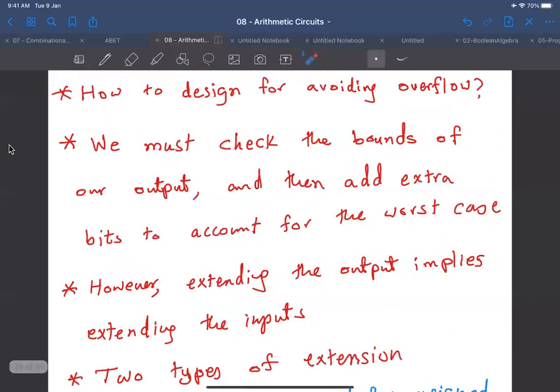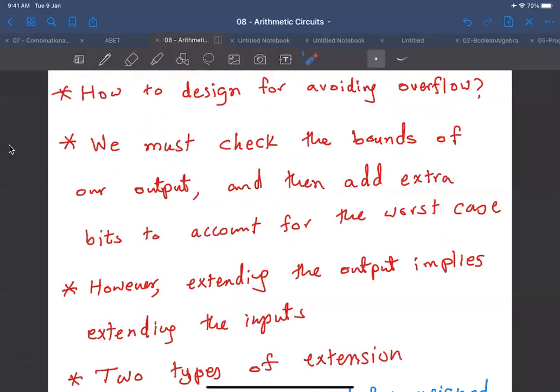All right. So now coming back to the question of avoiding overflow. One of you asked me at the beginning of our lecture today how to avoid overflow. Now, we know that when we have an overflow, the result is wrong. So how do we rectify this problem?